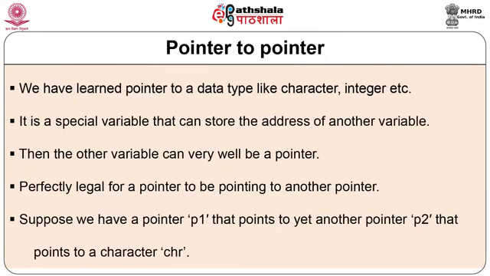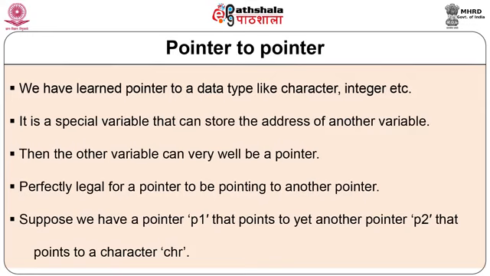Till here we have learned about pointers to data types like character, integer, etc. But in this section we will see about pointers pointing to pointers, or pointers to pointers. As we know, a pointer is a special variable that can store the address of another variable. Then the other variable can very well be a pointer.